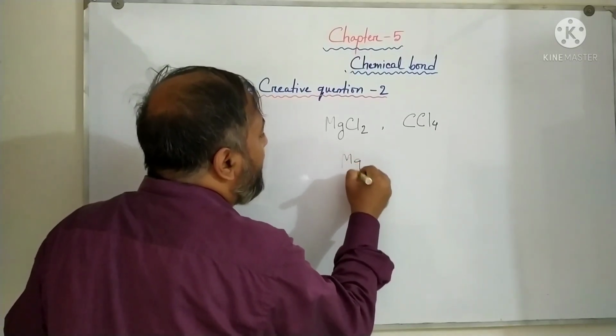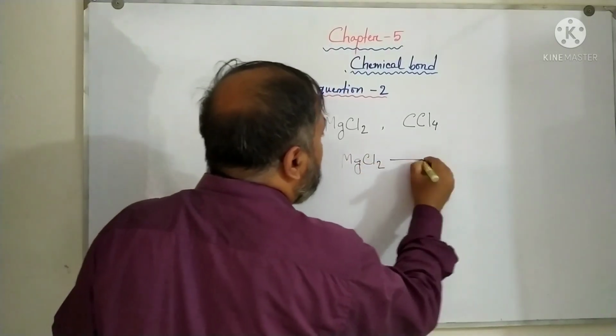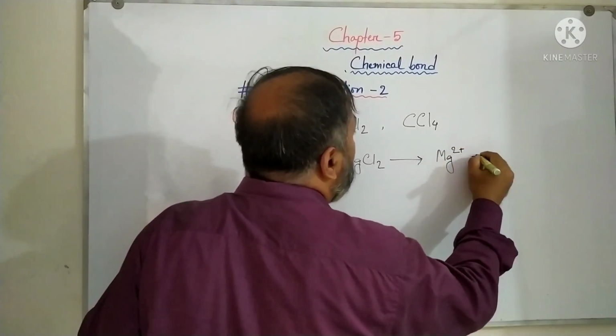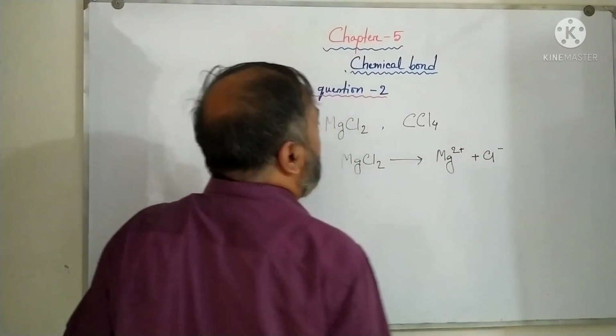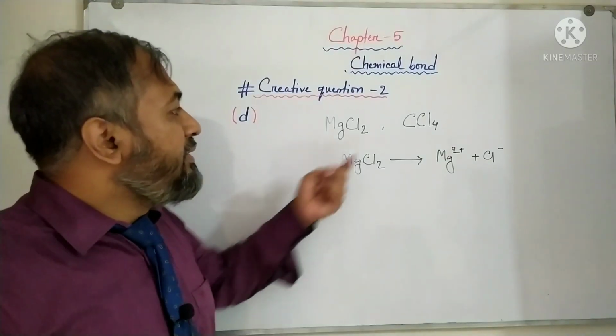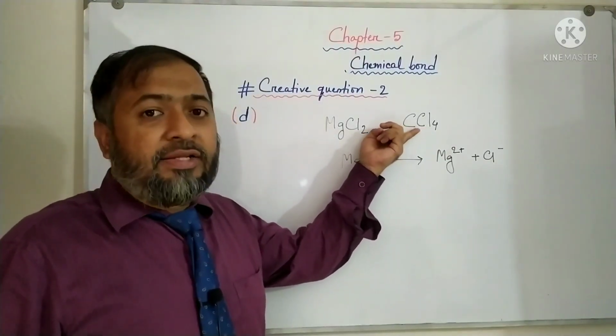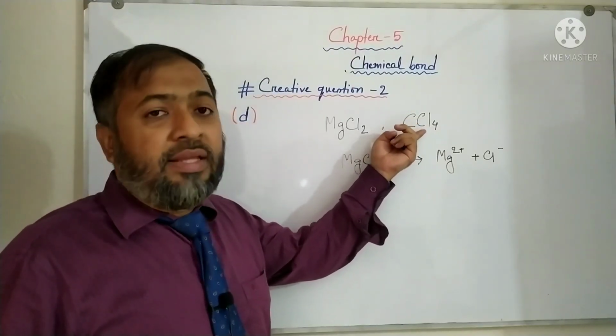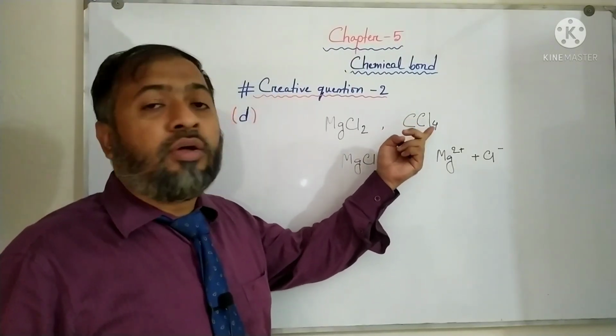You can see magnesium chloride dissociates and produces magnesium ion and chloride ion. But carbon tetrachloride is a covalent bonded compound, and it is also a non-polar compound. That's why no ion is created in this compound.